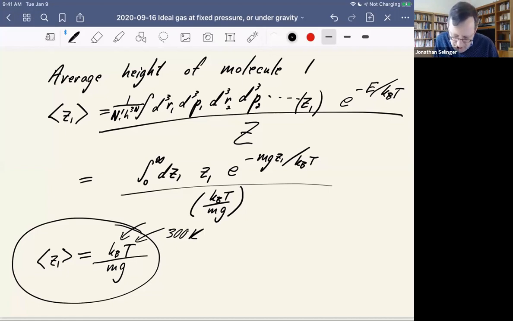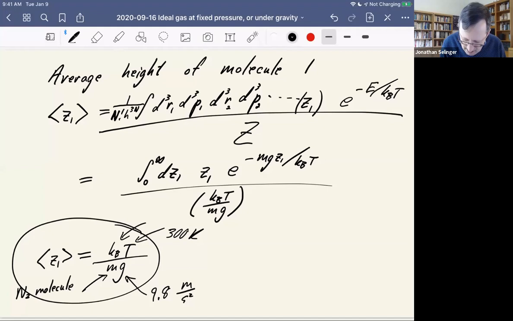I could substitute in the gravitational constant, the 9.8 meters per second squared. Right? I could substitute in the mass of a molecule. For example, a nitrogen molecule, right?